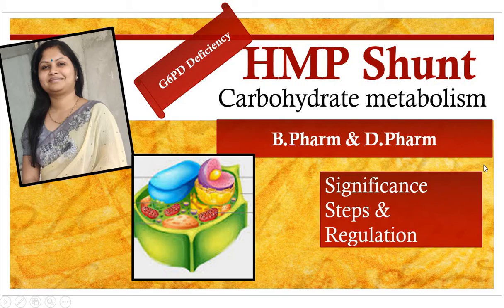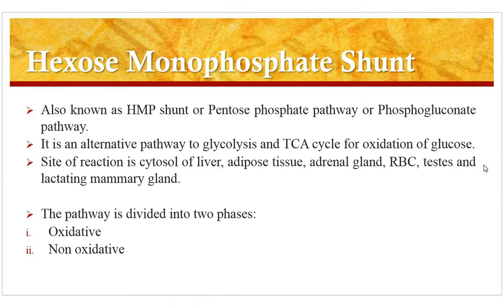So hexose monophosphate shunt, or the HMP shunt, is one of the names for this pathway, and the important point is why it is known as a shunt. It is known as a shunt because the pathway begins with the glycolytic intermediate glucose 6-phosphate.